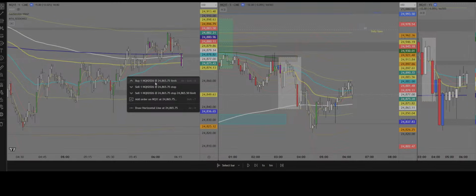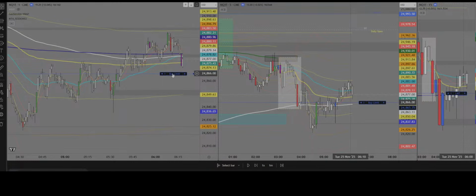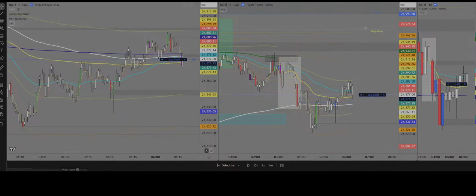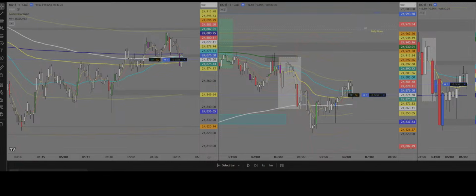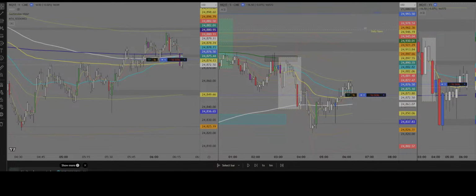Okay, so if I do a buy limit, I'm thinking if they can hold VWAP. Usually I would take this only if... I already don't like this trade.